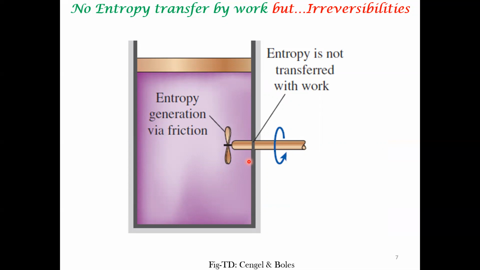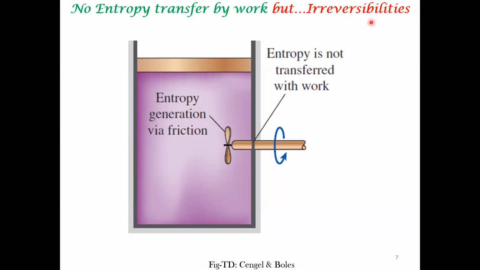So by definition, we don't assign any entropy transfer to work, and there are irreversibilities. That is, this work, shaft work, is converted to heat. Okay, what do we mean by irreversibility? This statement I made, that all of work can be converted to heat, but the opposite, heat being converted to work, is not possible.